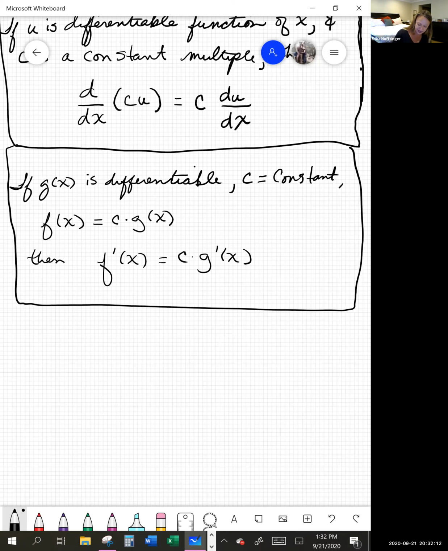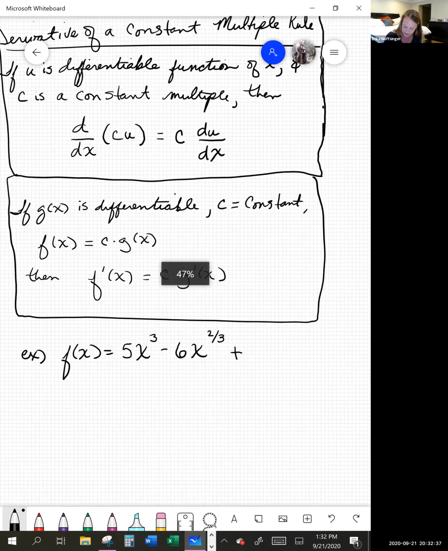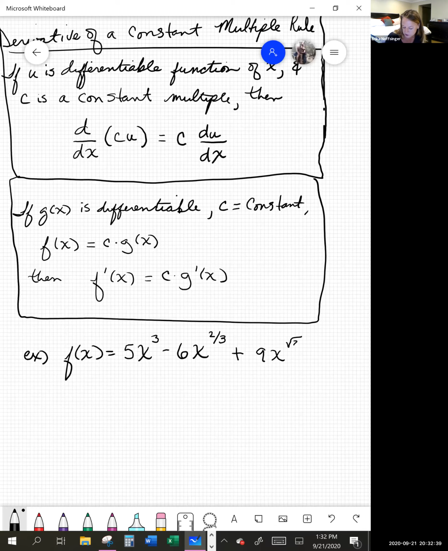So let's say you're given that f of x is 5x cubed minus 6x to the 2/3 power plus 9x to the square root of 2 plus e. Oh, I guess I didn't give you the other rule. Darn it.